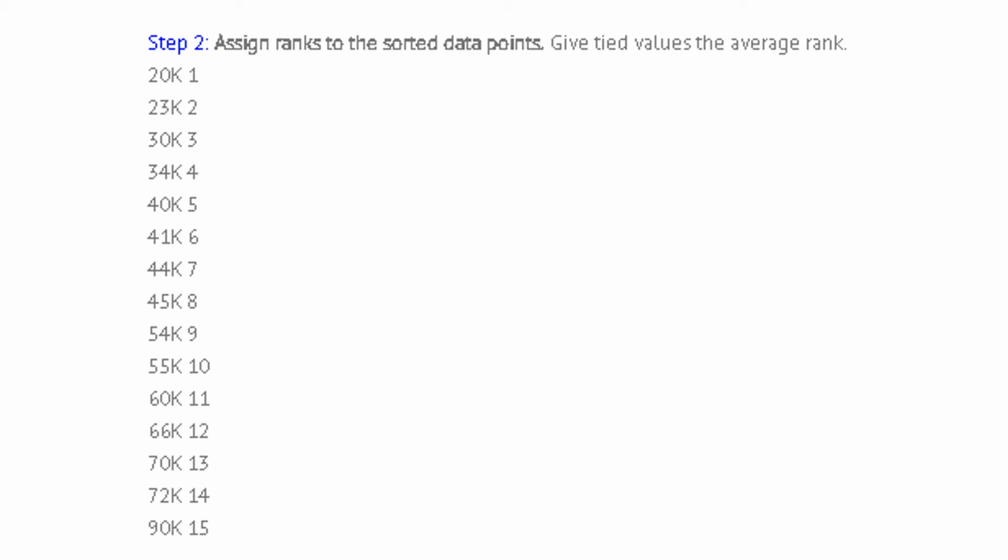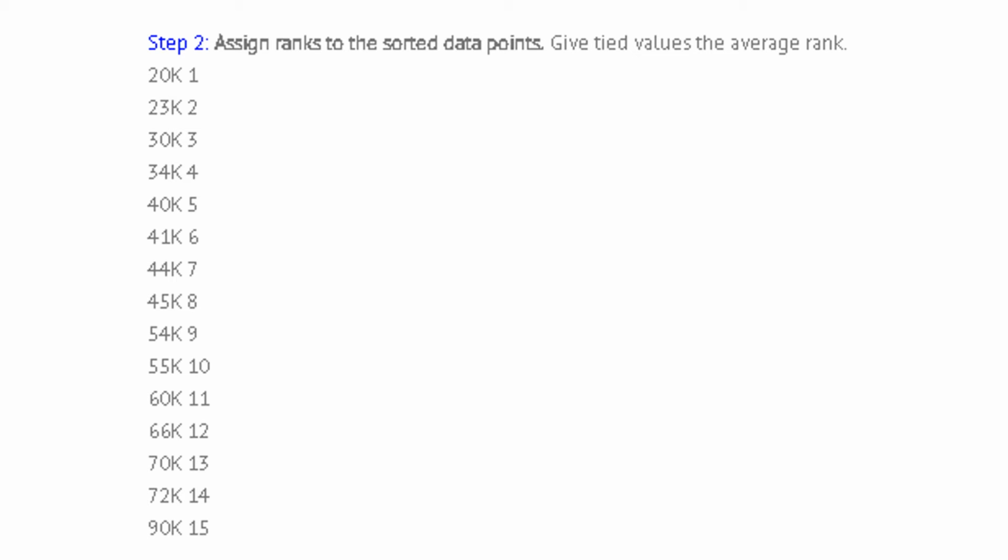Next step is to assign ranks to the sorted data points. We have arranged the salaries in ascending order from lowest to highest, right? Now we have to give ranks. To the lowest you give rank 1 and to the highest rank 15, so 1, 2, 3, 4 up to 15.